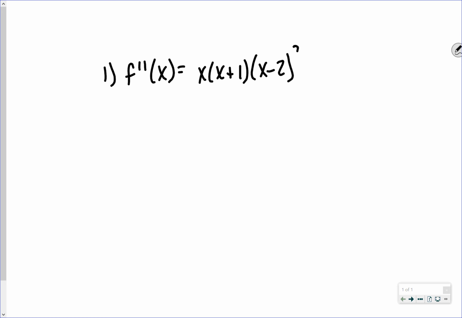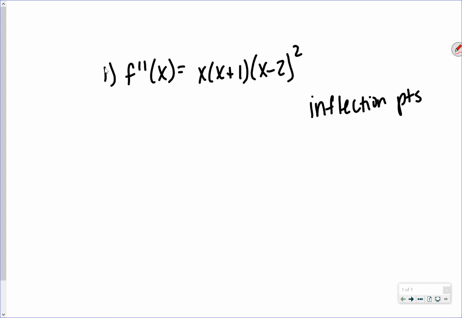Okay, number one. Number one says, if f double prime of x is x times (x plus 1) times (x minus 2) squared, then the graph of f has inflection points at what x values?